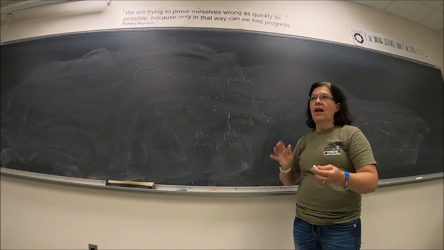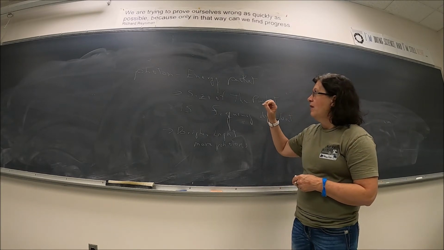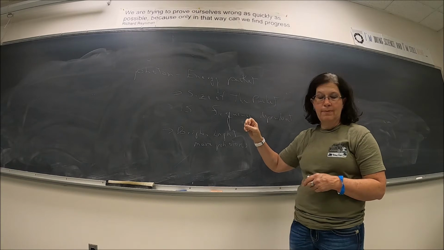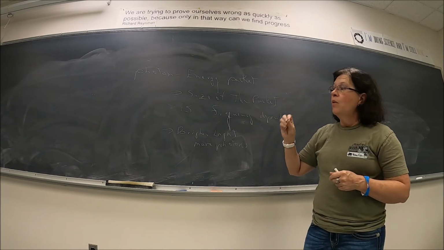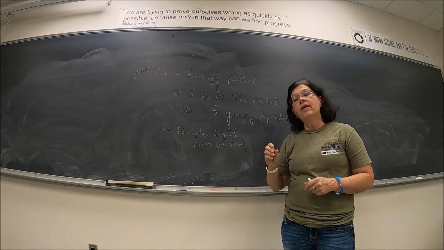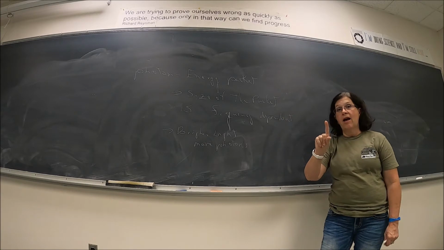Now here's what Einstein said. Einstein said that light is made up of these particles called photons, little energy packets that are frequency dependent. And when light hits the metal, the atoms in the metal interact with one photon at a time.